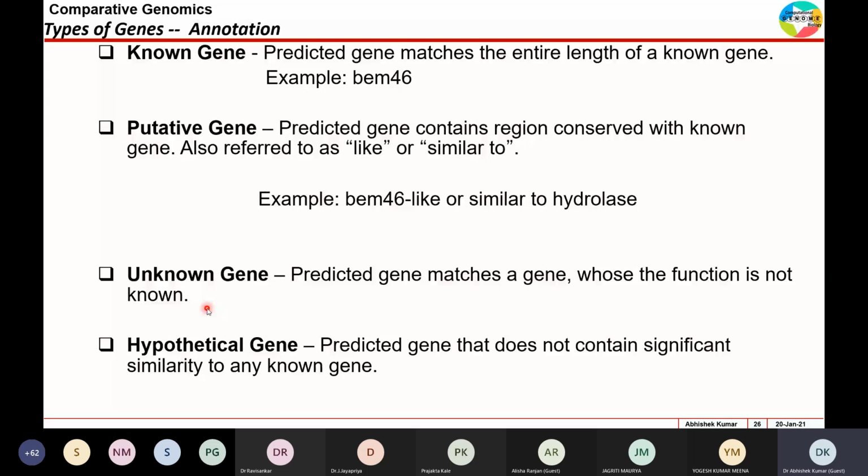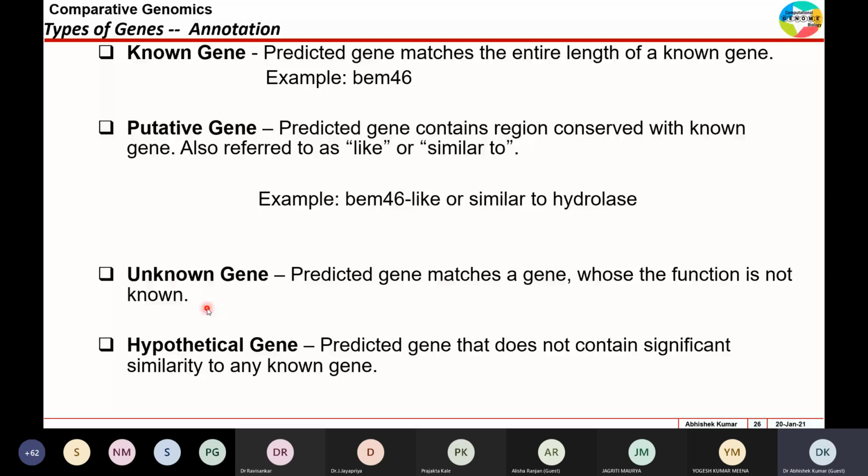Putative ones are genes that contain regions conserved with a known gene, but not fully, so you refer to them as BAM40-like or similar. Unknown genes are genes matching other genes whose function is not known. If the previous gene is unknown, this gene will be unknown.